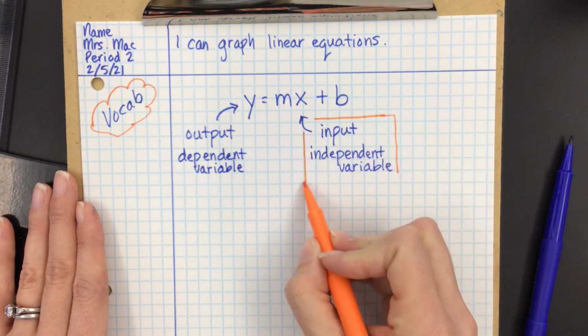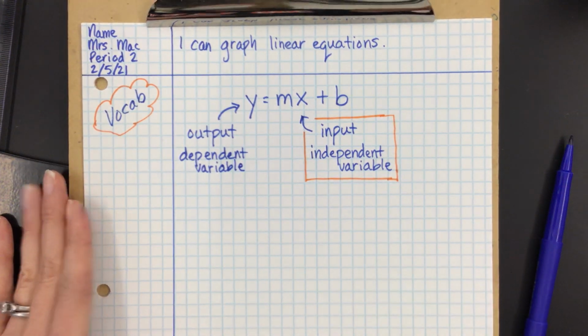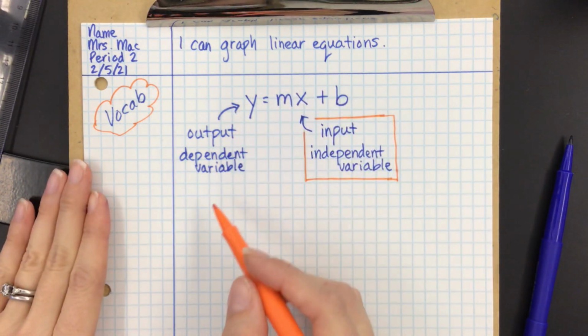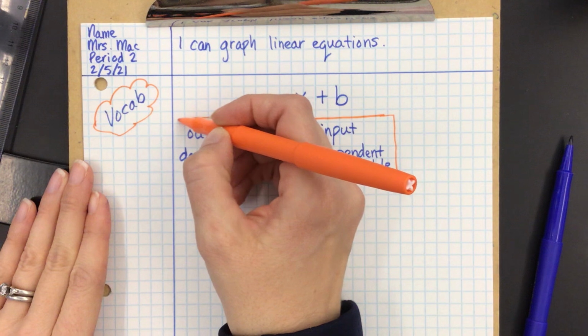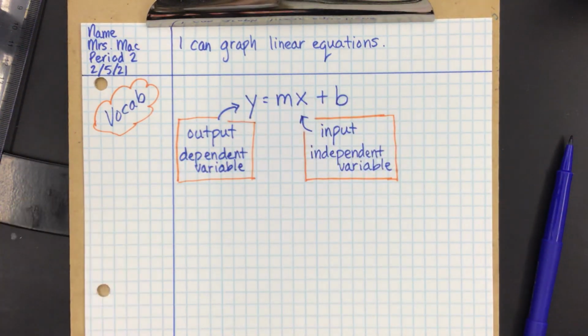Your y always depends on what your x is. Your x can be anything. You can plug in anything for x. And then your y just depends on what your x is. So that's why this one is called the dependent variable, because it depends on whatever your x is. And your x is your independent variable because they can do whatever they want. You can put anything you want in for x, and then it's your y that changes accordingly.